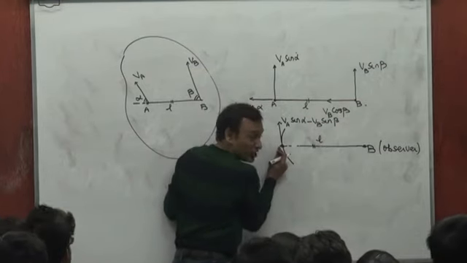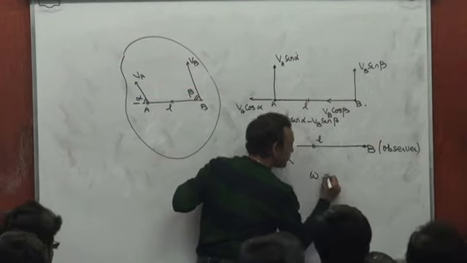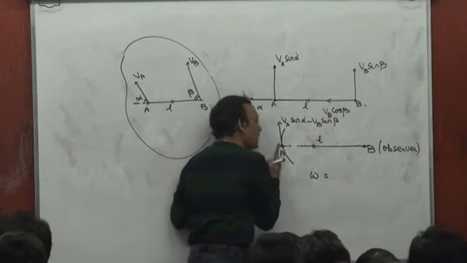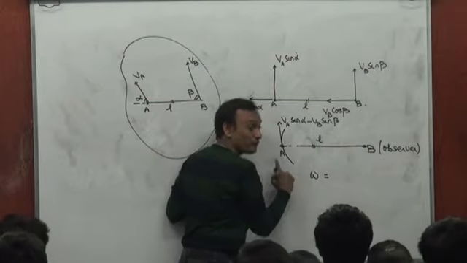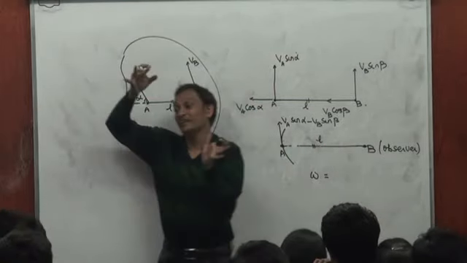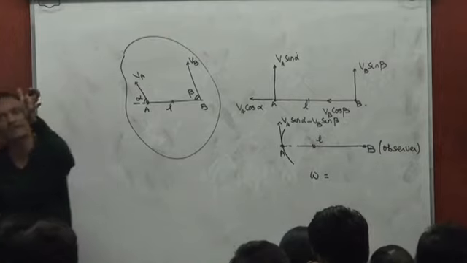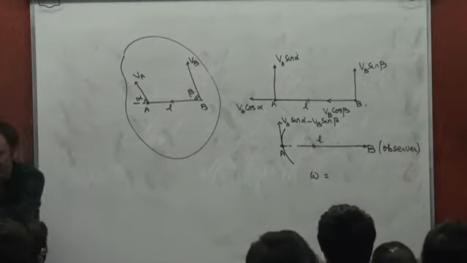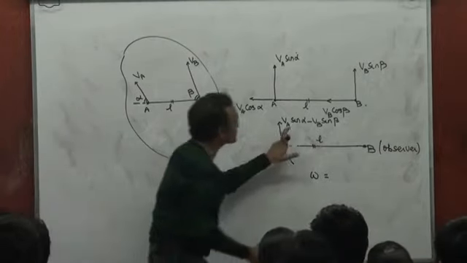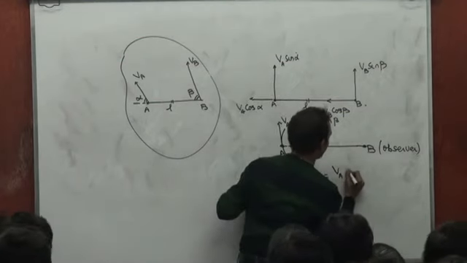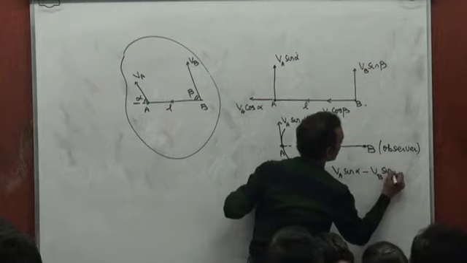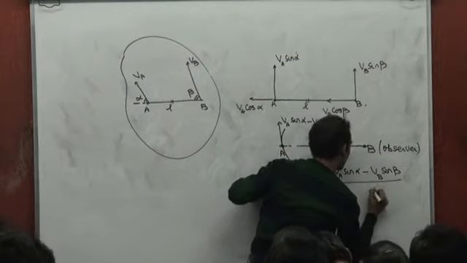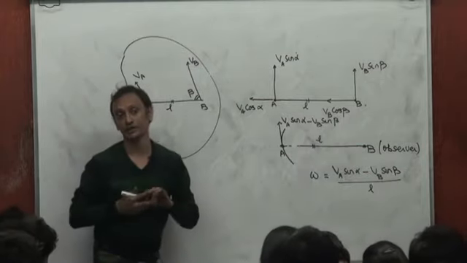See, the omega of the rigid body will be the omega of A as seen by B. Omega of A as seen by B will be the manner in which AB is reorienting with time. So that's going to be VA sin alpha minus VB sin beta by L.